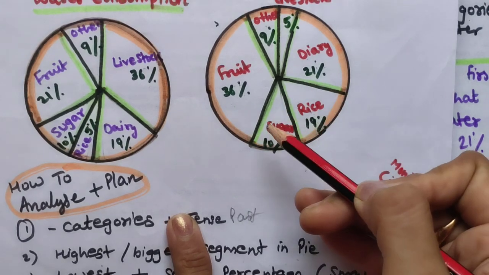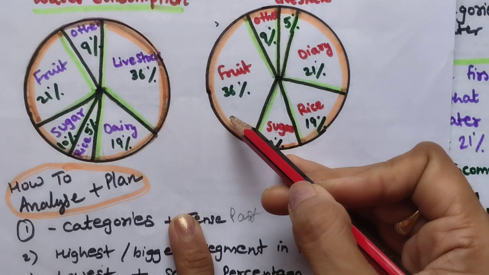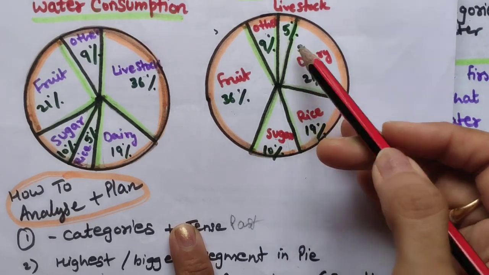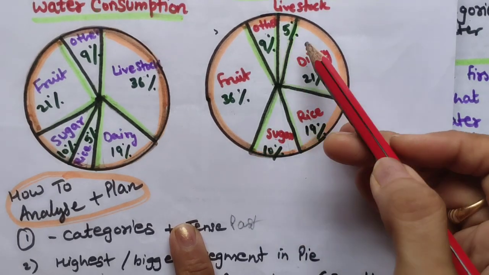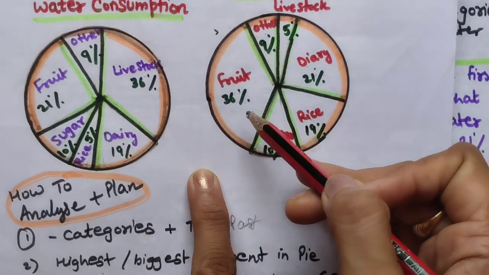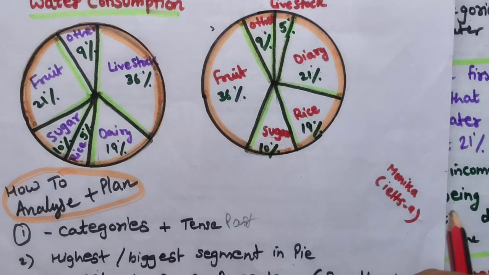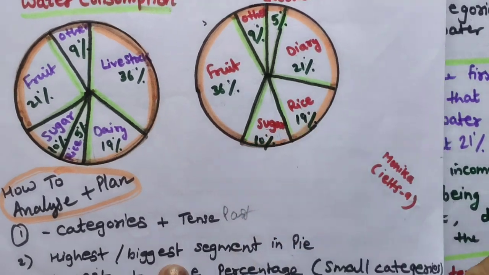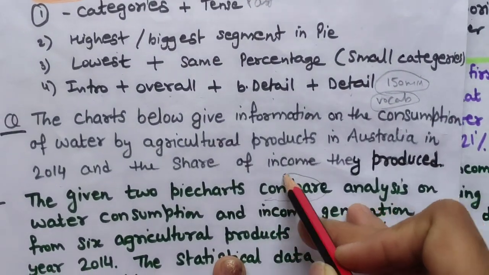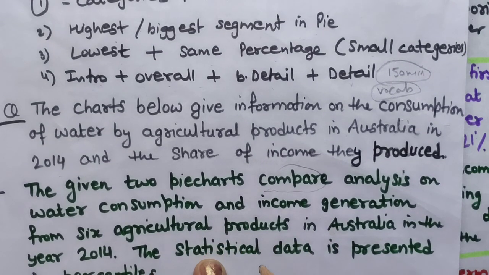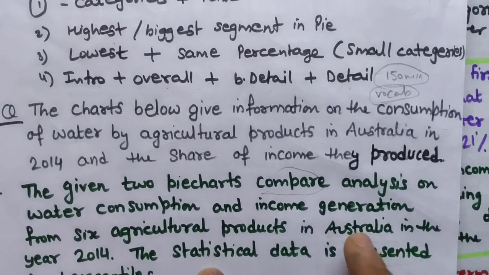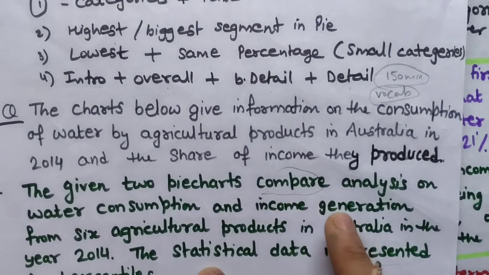But if you change the vocabulary, for example instead of 5 you can write minimal, the least percentage, that will be great. Apart from percentage language, I am also talking about language like compare. I will show you at the end what kind of vocabulary I was telling you.